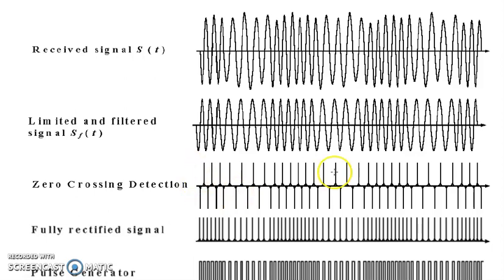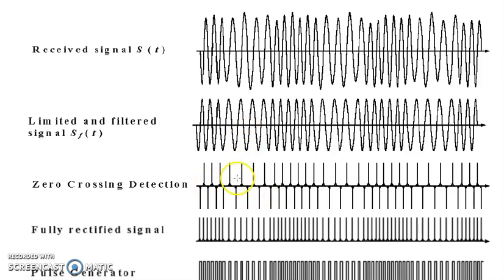For crossing from negative to positive values there is a generation of positive spikes, and for crossing from positive to negative values of the modulated signal there is a generation of negative spikes. So we get both positive and negative spikes at the output of the zero crossing detector whenever the modulated signal is crossing the zero value or axis line.